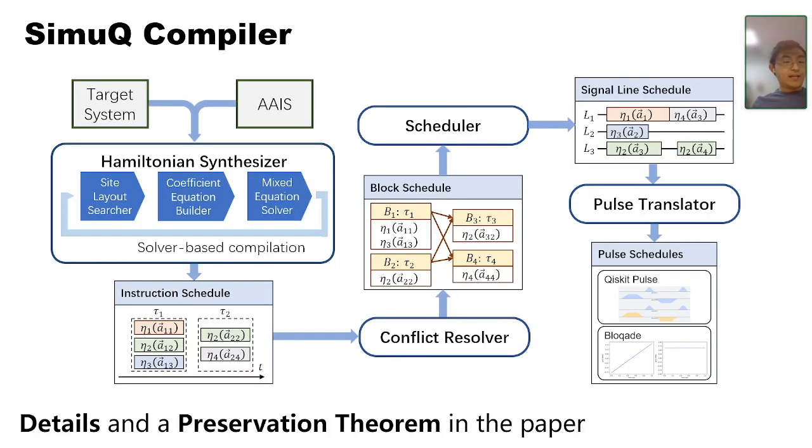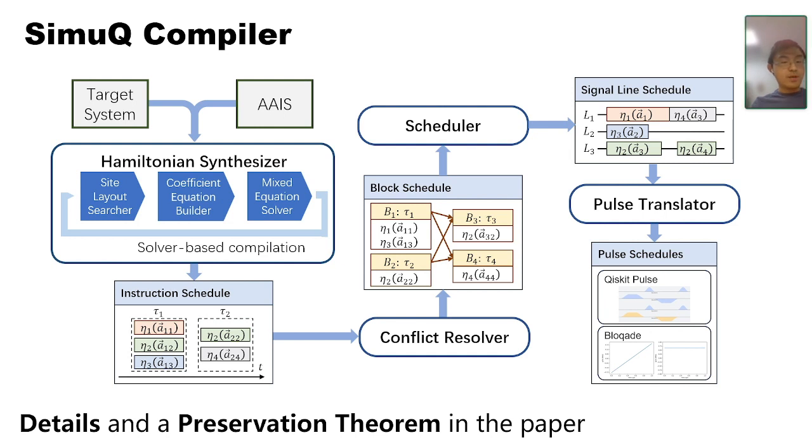Here we briefly give a glance at SimuQ's solver-based compiler. We propose several intermediate representations to decompose the compilation process into several natural steps. The most important component here is the Hamiltonian synthesizer, which determines the set of instructions and their parameters to synthesize the desired Hamiltonian.